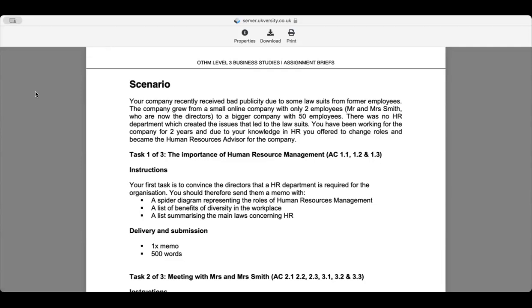You have been working for the company for 2 years, and due to your knowledge in HR, you're offered to change roles and become the HR advisor to the company. So this is basically the whole scenario.